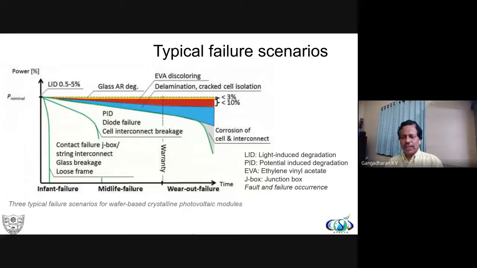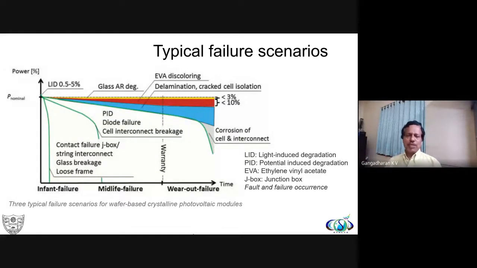It is potential induced degradation, wherein diode failure, cell interconnect breakage and all that comes under it. It's a mid-life failure: component failure or connection failure, including the way in which it has been connected, all comes under this PID category.